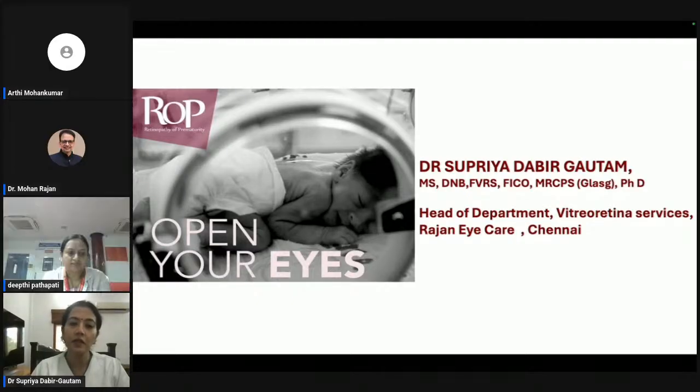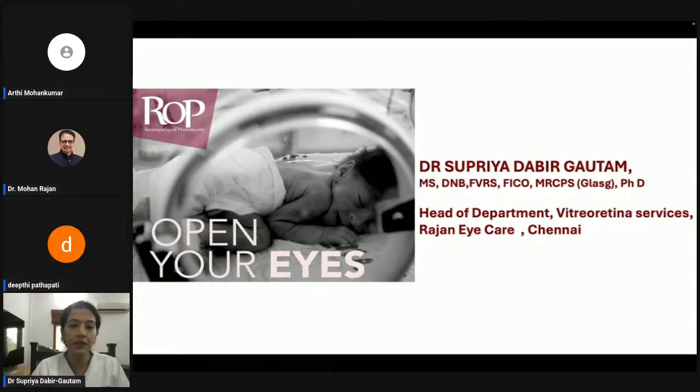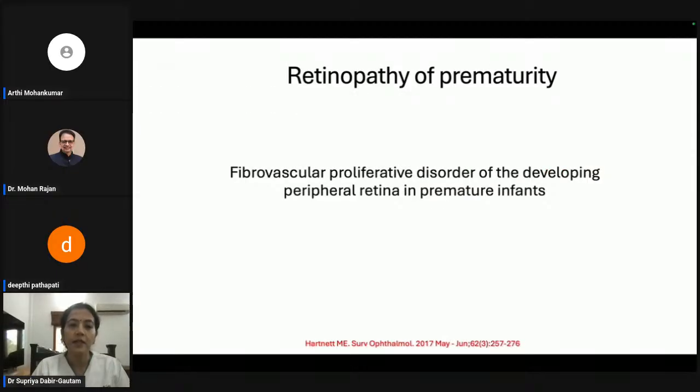Now that there has been significant improvement in neonatology care, the technology, equipment and expertise that help keep these babies alive, ROP, which is retinopathy of prematurity, has become a third epidemic for us. The first being diabetic retinopathy, then glaucoma, followed by retinopathy of prematurity, and it's a cause of avoidable blindness.